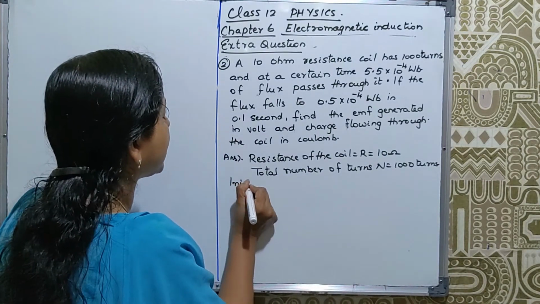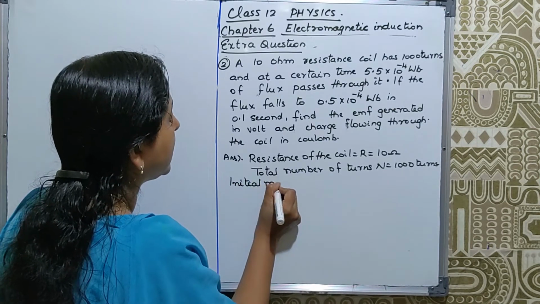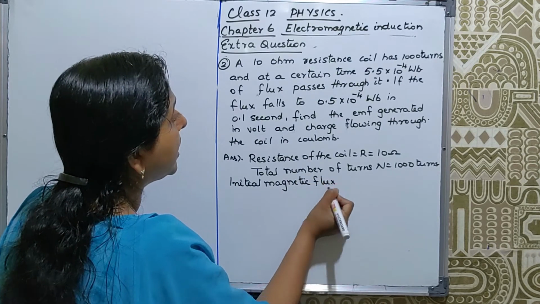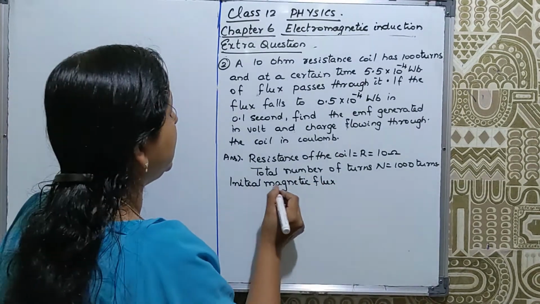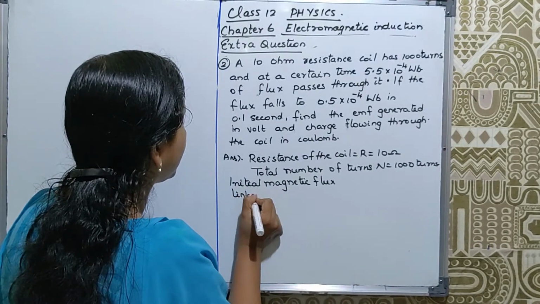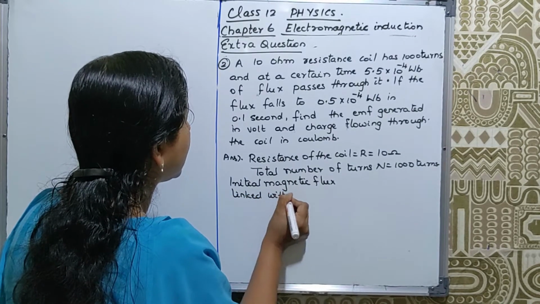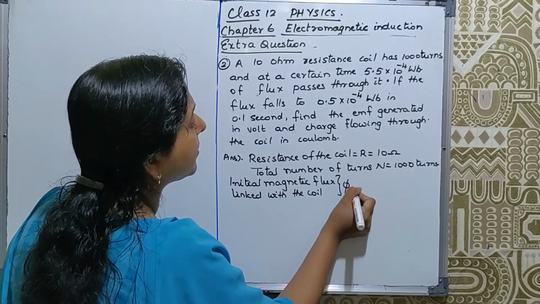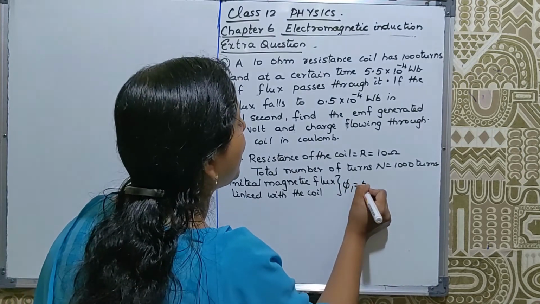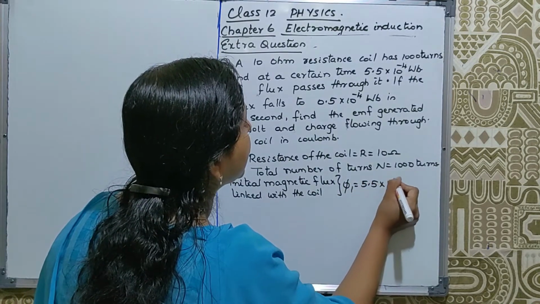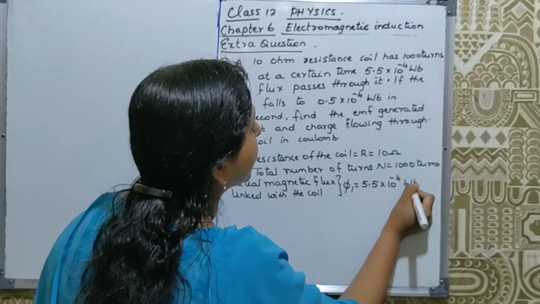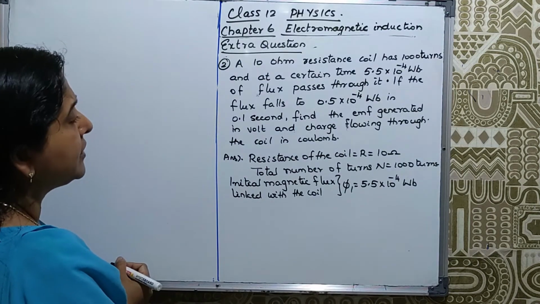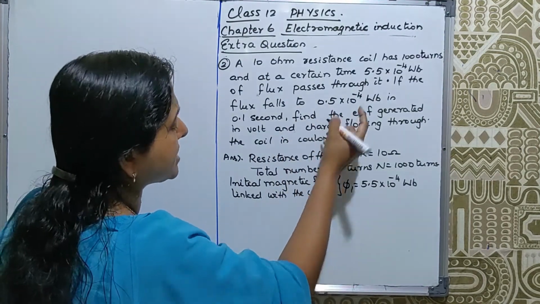So, we will write initial magnetic flux linked with the coil, denoted by phi1 equal to 5.5 into 10 raised to minus 4 Weber. The flux falls to, that is the final magnetic flux.